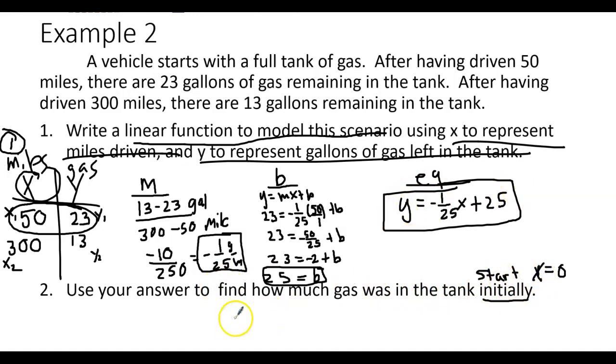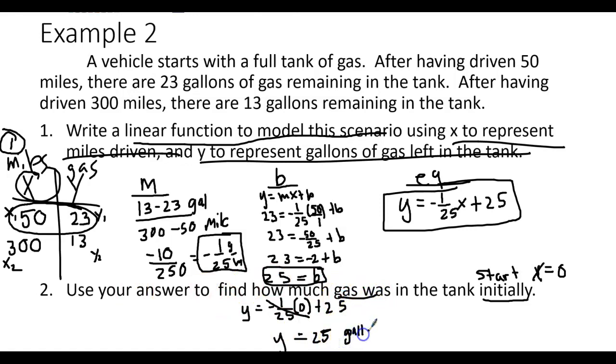So I'm going to take this equation here, y equals negative 1/25 x plus 25, and I'm going to plug 0 in for the x. Now if I do that, 0 times 1/25 is 0, so we don't really need to include it anymore. It kind of cancels out, and I'm left with 25. And that is how much gas was in the tank initially.